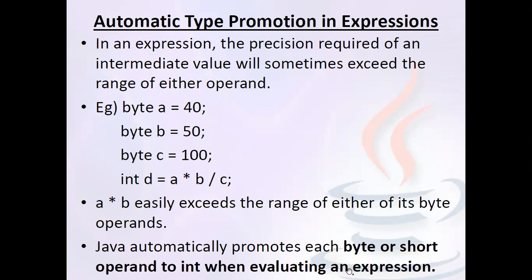So whenever we use a byte variable or a short variable in an expression, automatically it will be converted into an int, and then the evaluation of the expression will be done, and accordingly we will have the assignment to some other variable. That is very important.